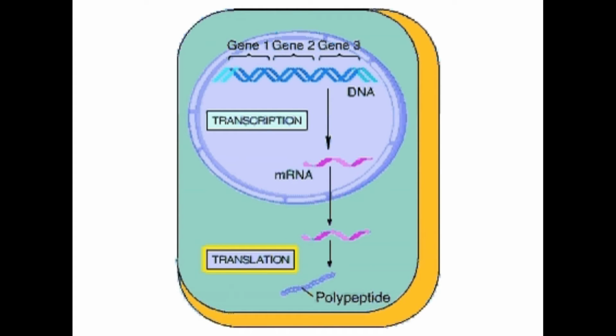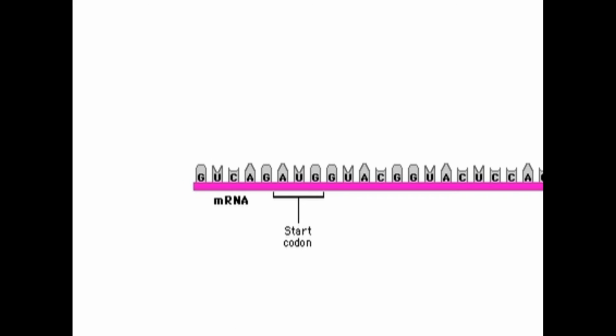Protein synthesis involves two processes, which are transcription and translation. Translation is a process using the code in mRNA to produce a polypeptide, and it occurs in the cytoplasm. Translation has three stages: initiation, elongation, and termination. During the initiation stage, the small ribosomal subunit will bind to the start codon, which is AUG.